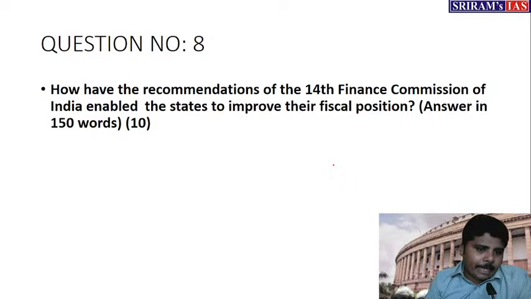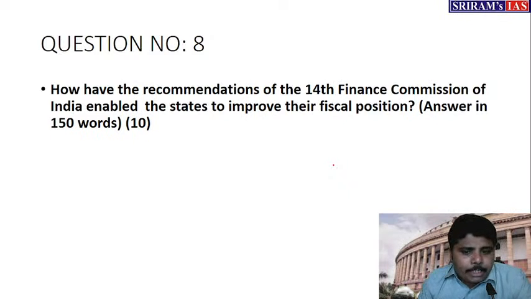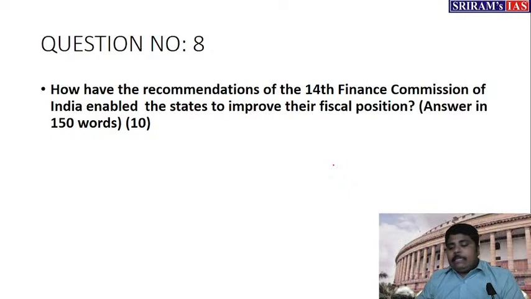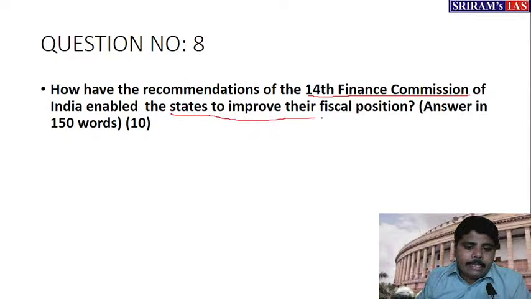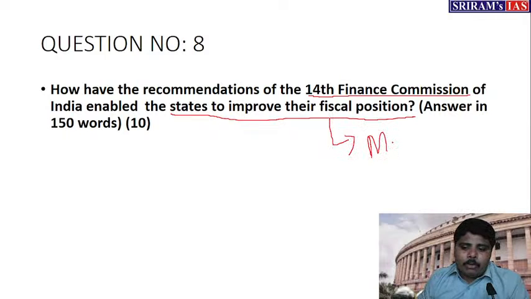Question number 8. How have the recommendations of the 14th Finance Commission of India enabled the states to improve their fiscal position? See, this question is based on the impact of the 14th Finance Commission on the states' fiscal position. Fiscal means something relating to money, right?